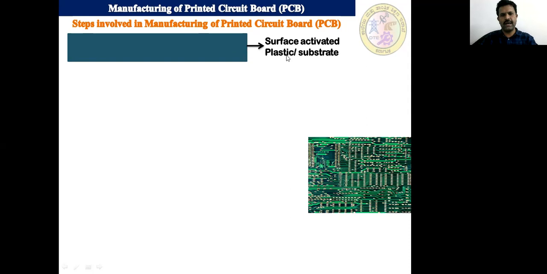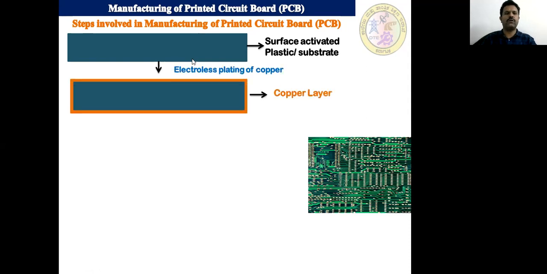It may be plastic. You can see here, this is the final printed circuit board. In this, they have selected plastic as a base material, and after surface preparation and surface activation, they will go for the electroless plating process of copper.